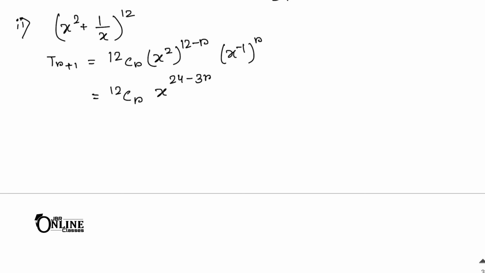So as 24 minus 3r equals 0, then r equals 8. So your coefficient will be 12c8, and your answer will be 495.